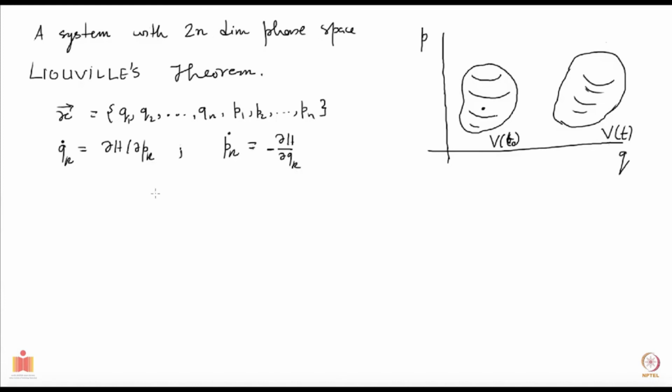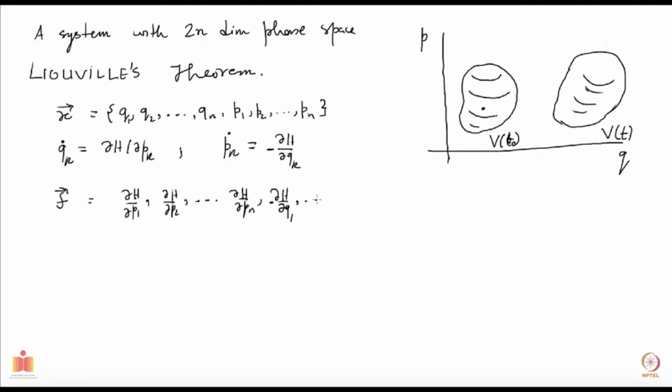Okay, so I define a vector f to be the following. So ∂H/∂p1, ∂H/∂p2, so and so forth, ∂H/∂pn, then you have ∂H/∂q1 with a minus sign. So what I'm doing is I'm just listing these right-hand side parts here and here along this.